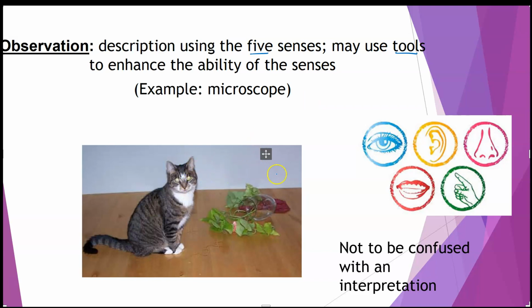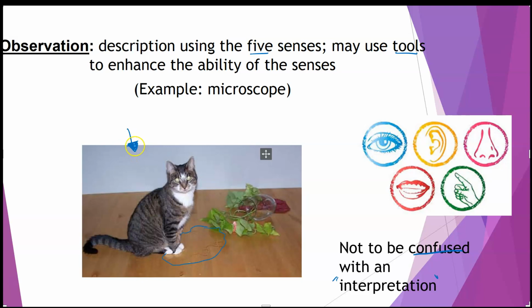Here, this is a picture. This is an image. You see a cat. You see some water. You probably can't tell, but this is a puddle of water the cat's in. And then you see this knocked over vase. Really important to make sure that we don't confuse our observations with interpretations. Big, big, big mistake. So if I said, what's the observation in this picture? What would you say?